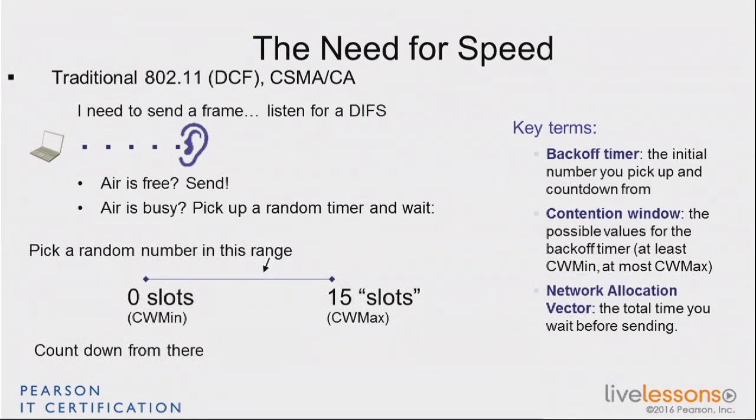And the smallest possible number, of course, is going to be nothing, 0. And the largest possible value is going to be the maximum number you can pick from. Again, it's random, right? So you can pick anything in between, and it's going to be called the contention window max value. So your contention window has a contention window minimum, which is 0, and a contention window max, which is the max number you can pick. And you pick a random number in that range. So far, so good. And you count down from there.